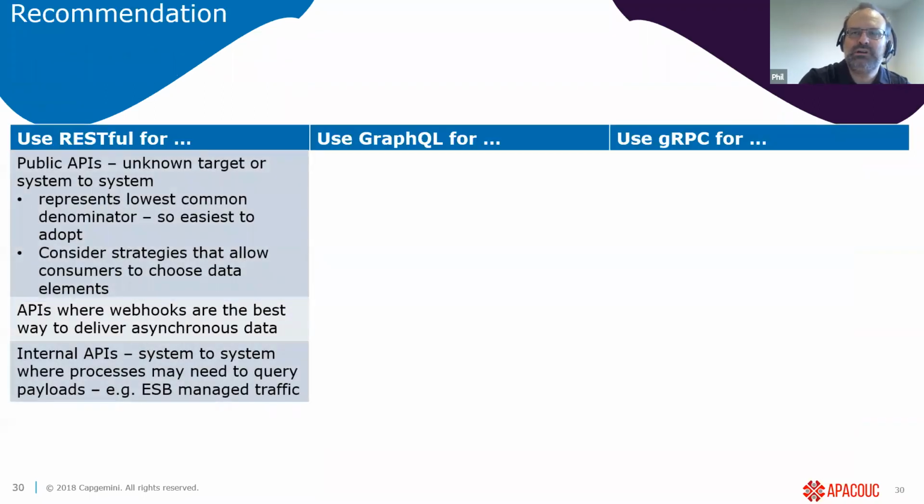So we approached it this way and said RESTful is good for public APIs. That lowest common denominator means that everybody can consume it. But it does require an API provider a little bit more discipline in terms of trying to ensure that you're addressing some of those classic problems like versioning, like change, and things like that.